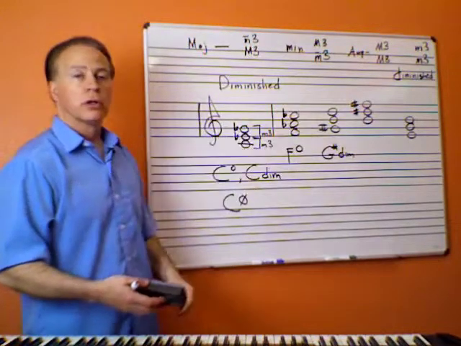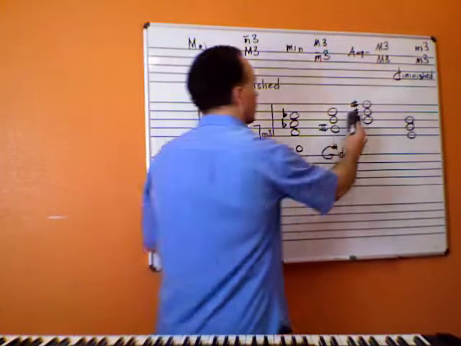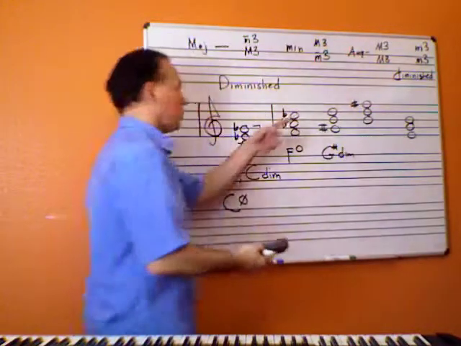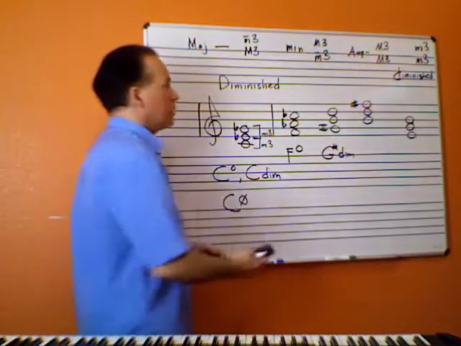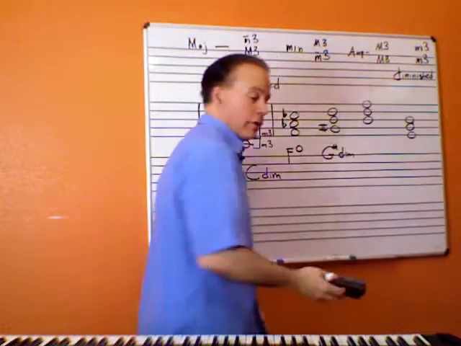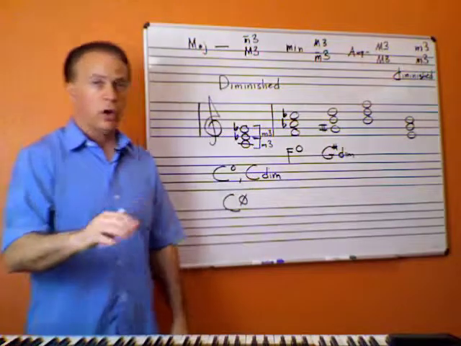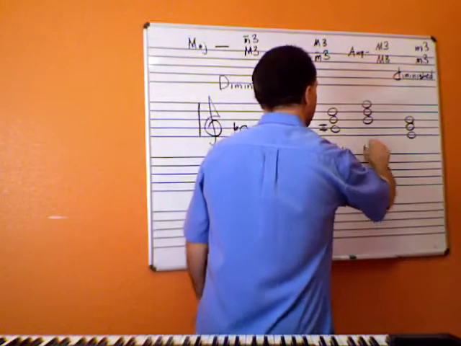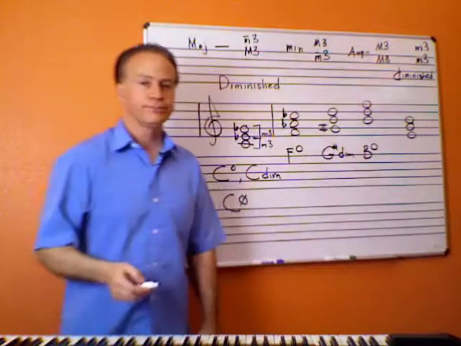So if we lower a D sharp by a half step, it becomes a D natural. And if we lower that F sharp by a half step, it becomes an F natural. So here we have the only diminished chord that is all white keys or unaltered pitches. B, D, and F is a B diminished triad.